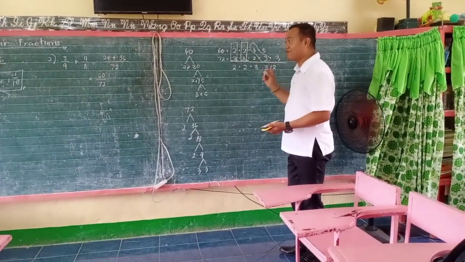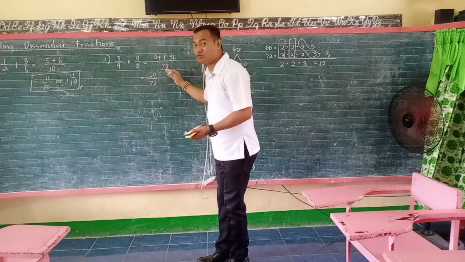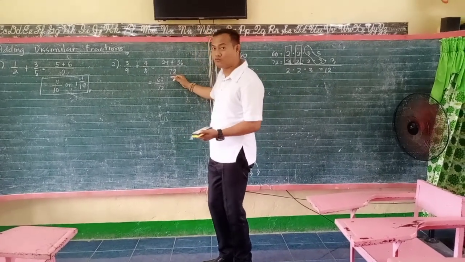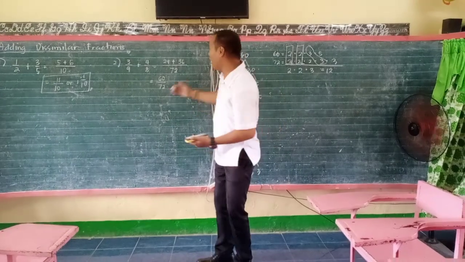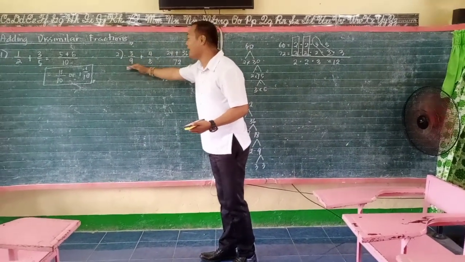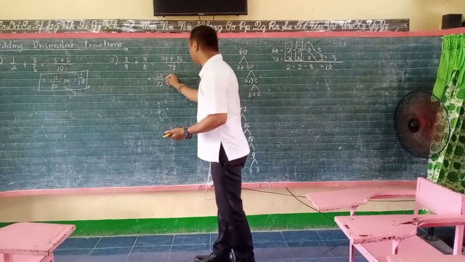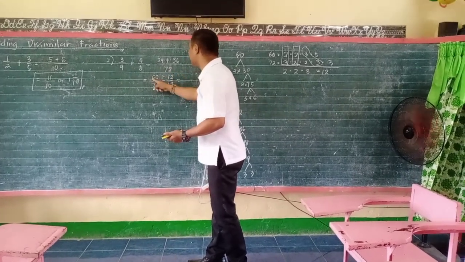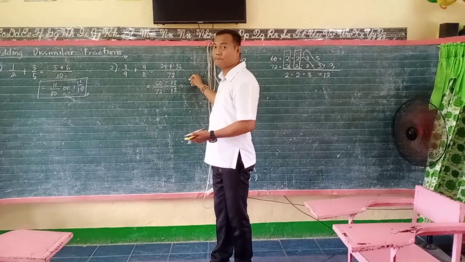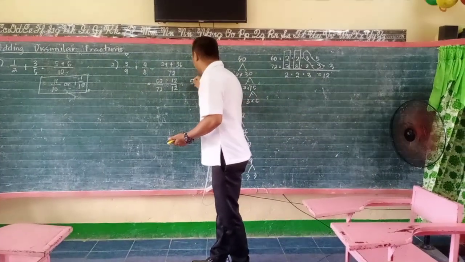So if we divide the numerator by 12 and the denominator by 12, it will give us the simplest form of the sum of 3 over 9 and 4 over 8. So let's divide it. We have 12 over 12. 60 divided by 12 will give you 5. Very good.